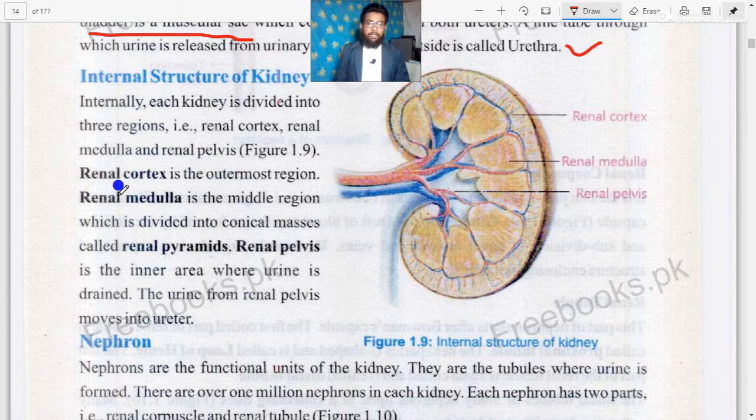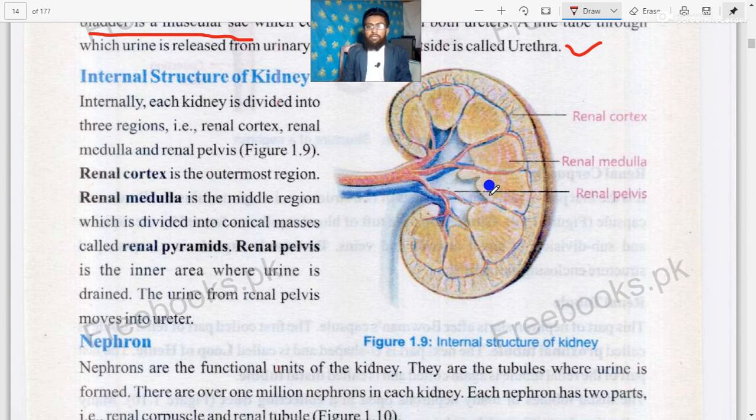Cadets, the renal cortex is the outermost region. Here we can see on our screen a cut section of the kidney. It shows the internal structure of our kidney.